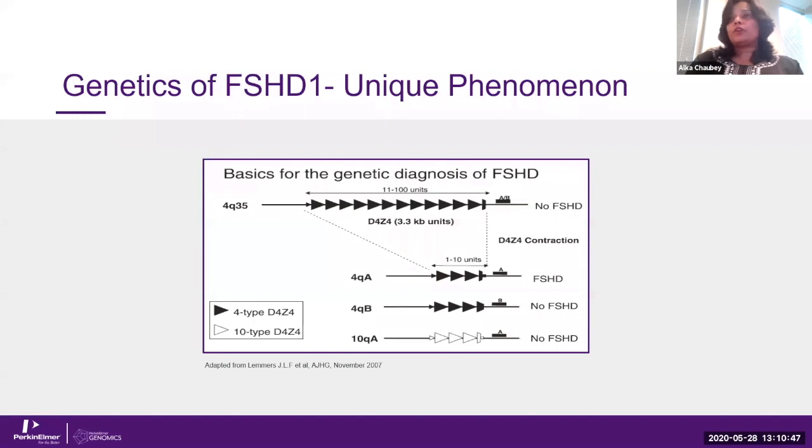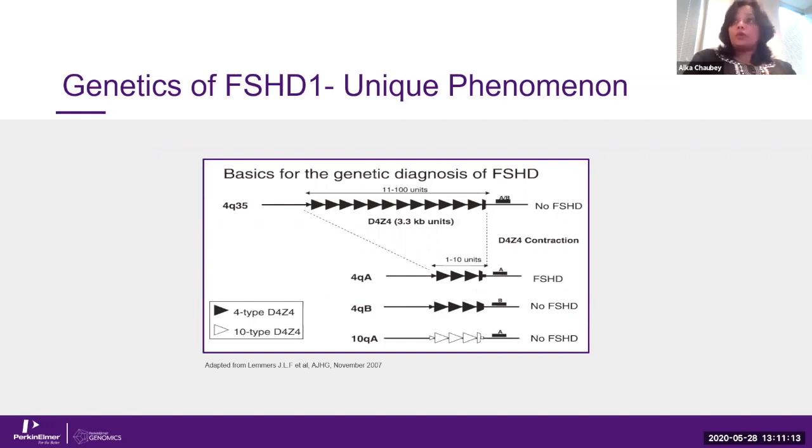This is from one of the world's experts. They have been working on FSHD and on this locus for a very long time. This is a paper that was published in 2007 by Lemmers et al. What you see here is that we have 22 sets of autosomes, and we have X and Y chromosomes. So humans have 46 chromosomes.